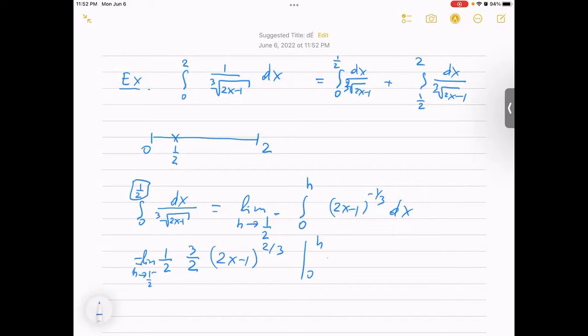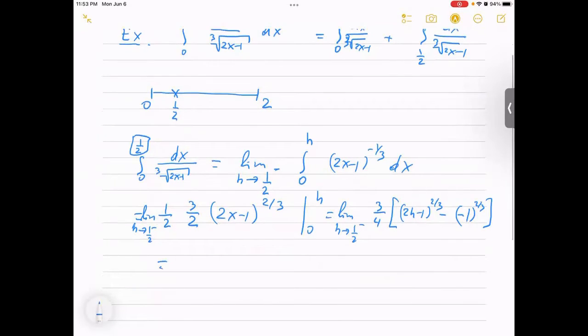So we're going to get the limit when h approaches 1/2 from the left of 3/4. Substituting h, we get (2h minus 1) to the 2/3, minus substituting 0, we get negative 1 to the 2/3.